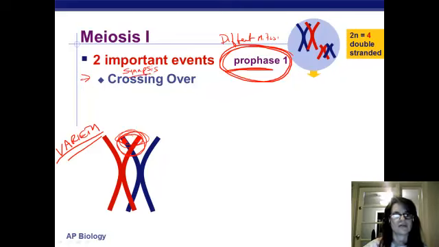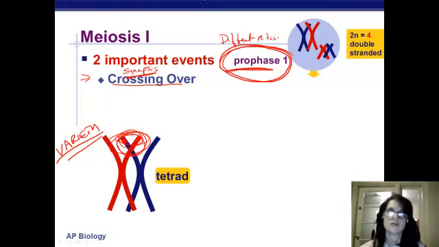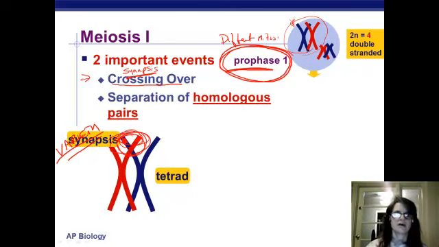If anybody throws that obnoxious word at you, it just means this crossing over and creation of variety in the genetic material. The two chromosomes, 4 chromatids, when they are together and crossing over like that, it's called a tetrad. That's just the name of the unit while they're together. Synapsis, you can't read because it's all covered up.